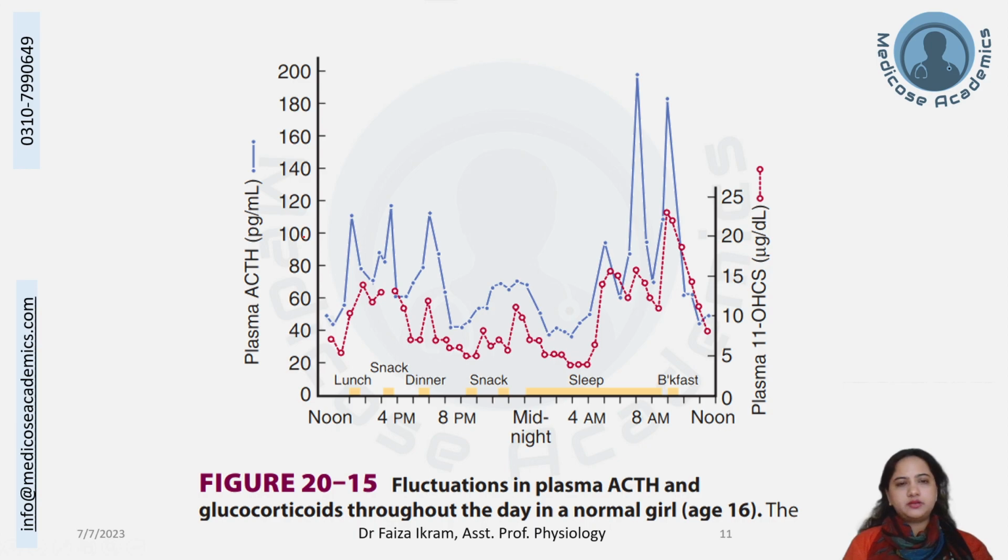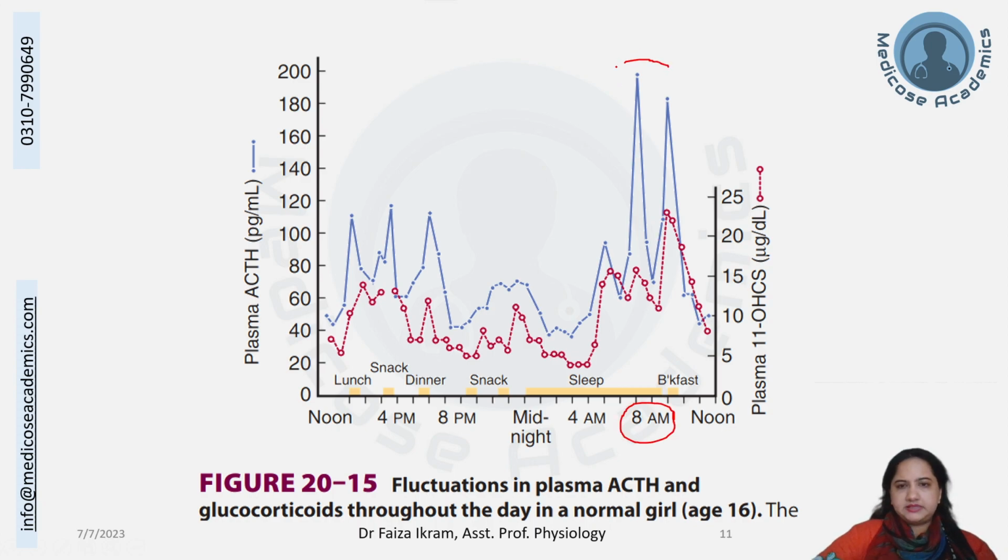Moving on, production of hormones is not only regulated by positive and negative feedback regulation, but also there are other factors, one of which is shown in front of you, which is the diurnal variation. Plasma cortisol and ACTH increase early in the morning.